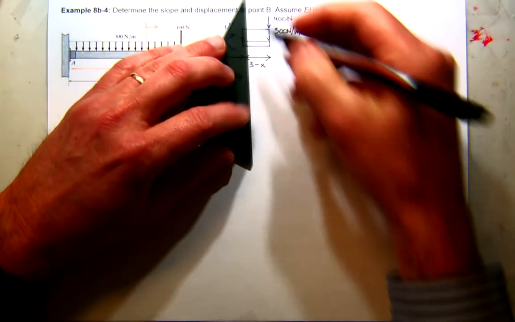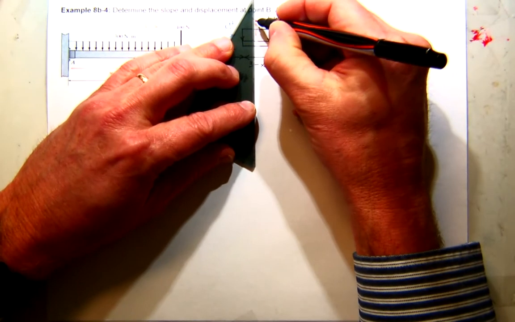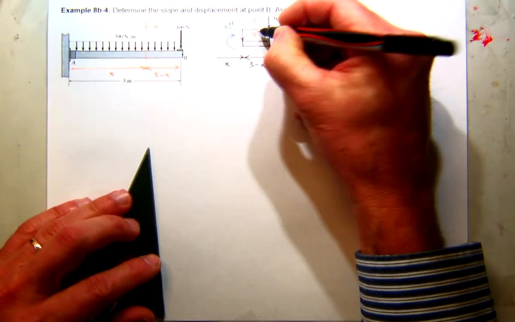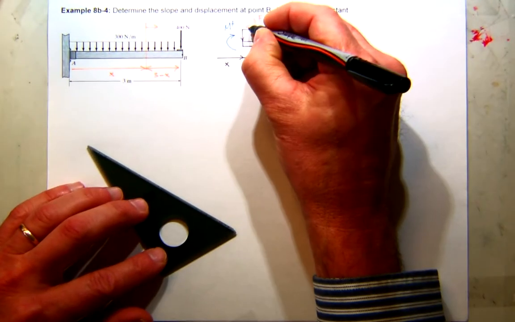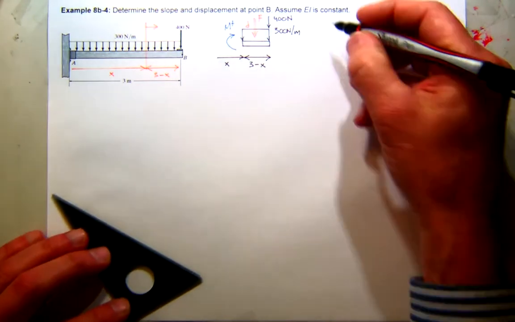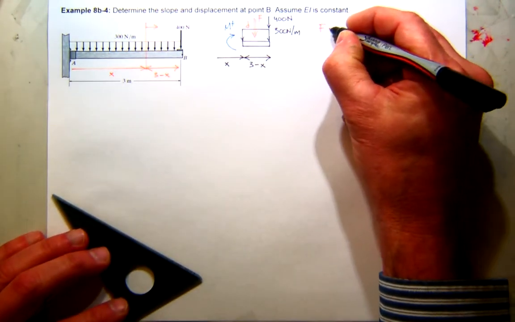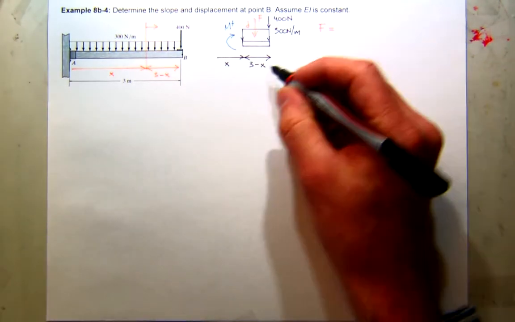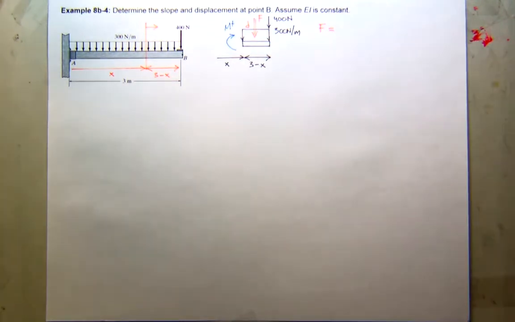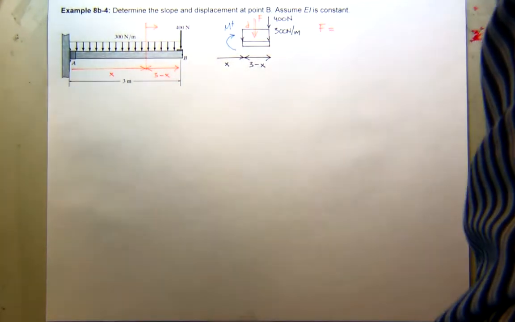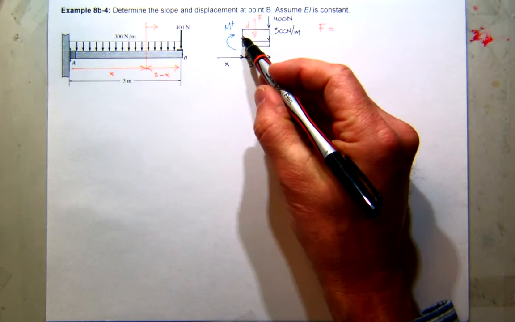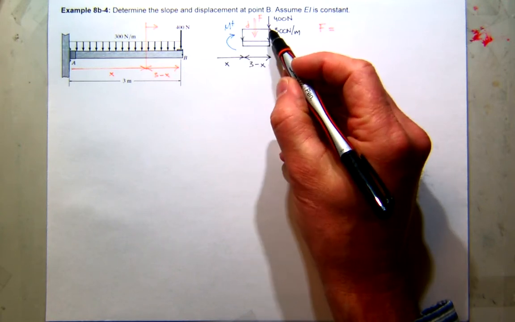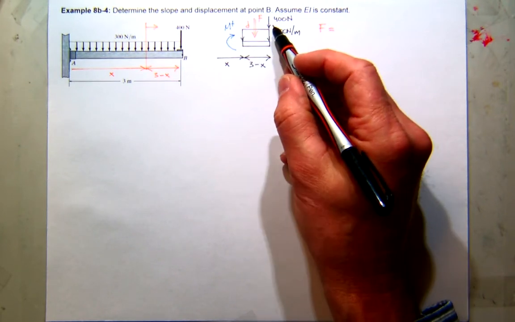So what I need to do is convert the load to a concentrated equivalent. I'll call that F, and it'll be a distance d from the cut. So what is F? Well, F will be the area under this part of the loading curve. It's a rectangle, so it'll be the base times the height.